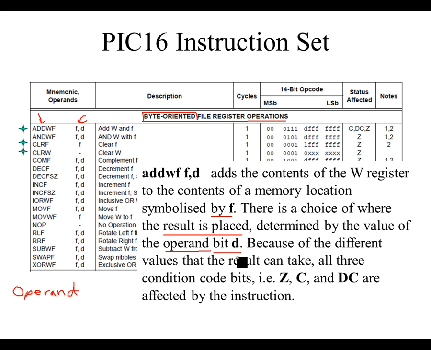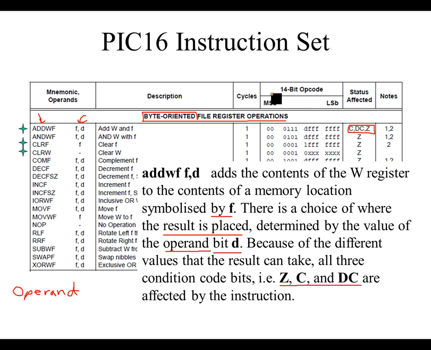Because of the different values that the result can take, all three condition codes Z, C, and DC are affected. This chart also tells you what status register bits are affected. So all of these can be affected: the carry, the digit carry, and the zero result.